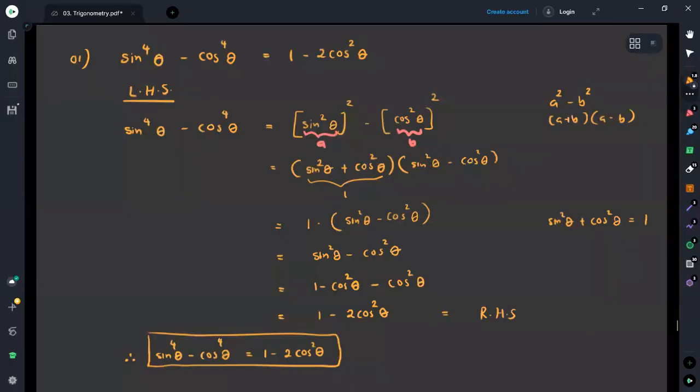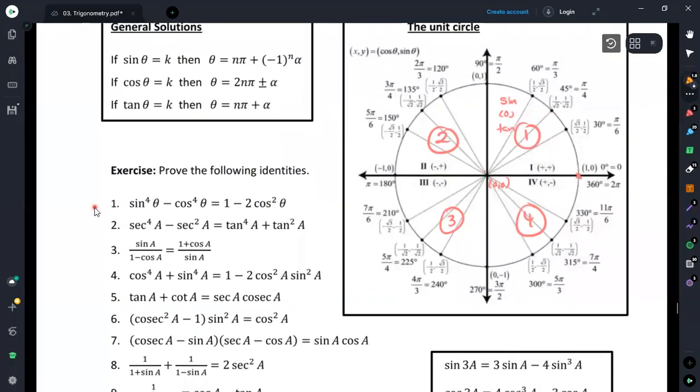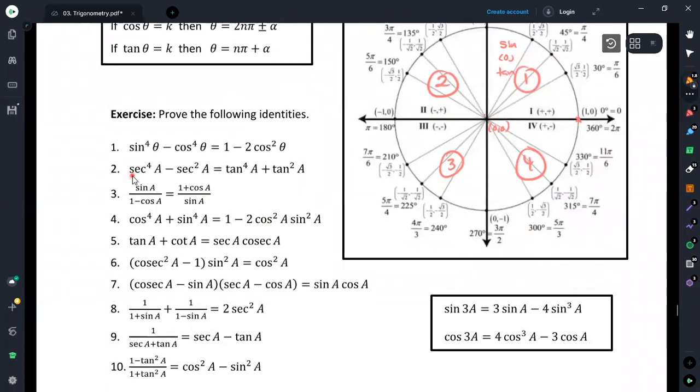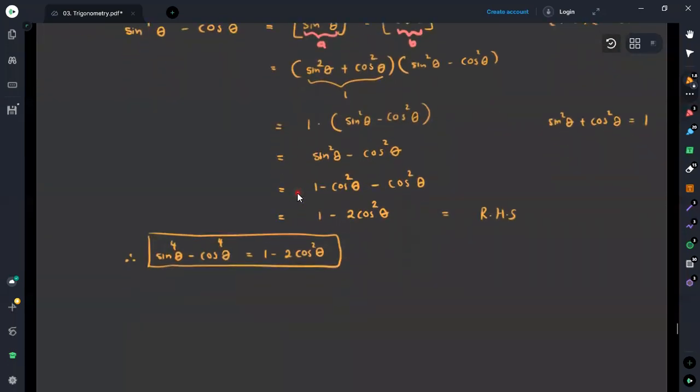Okay, now we will move to the second exercise. It is mentioned as sec a to the power 4 minus sec a to the power 2 equals tan a to the power 4 plus tan squared a. This is what we need to prove.